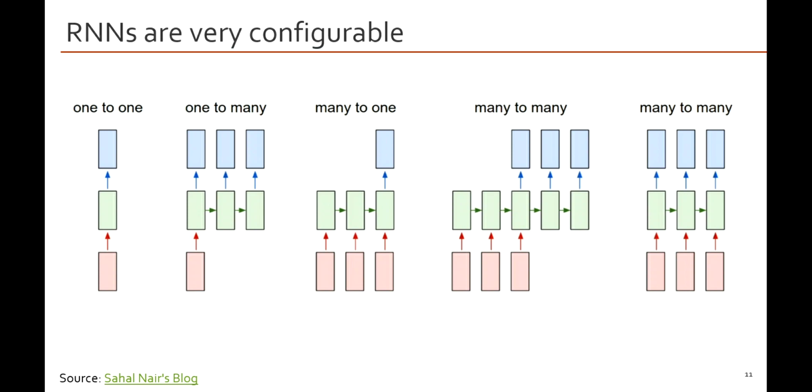I can also ignore the outputs except for the last one and produce a many-to-one. And there are many different variants in between, where you can imagine these many-to-manys could be used for, say, sentence translation. I first take a sequence of words in one language. I then have a state that encompasses, in some ways, the meaning of all the words that I have seen before, and then I use that state to roll out how to describe that concept within a different language. And this is actually how Google Translate works, using these kinds of RNNs.